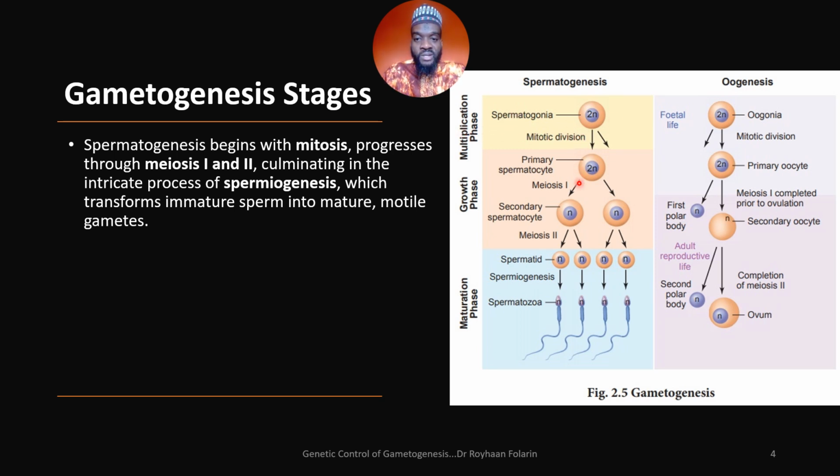So at this point, the primary spermatocyte undergoes meiosis, which is a reducing transformation. Okay, so there are going to be two meioses. The first one is meiosis one, and this reduces the primary spermatocyte, which used to be diploid, into haploid gametes.